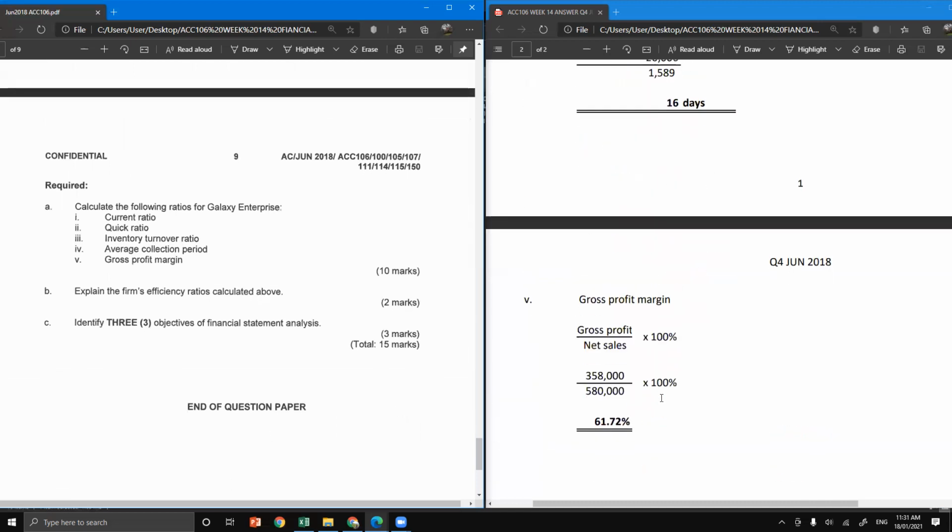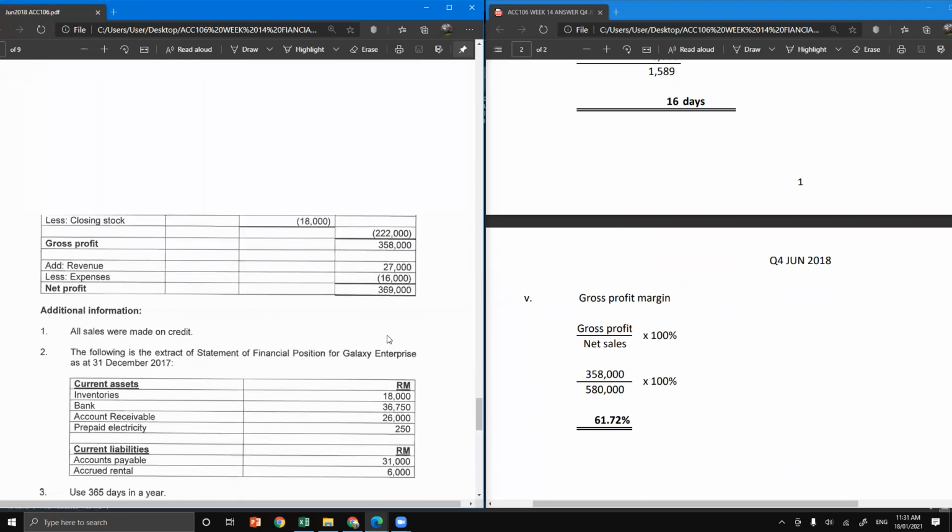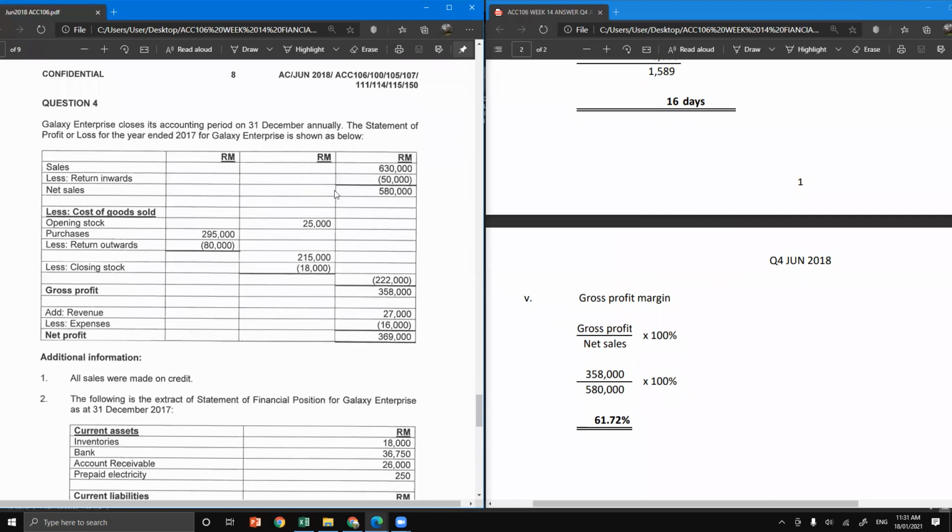And for A5, gross profit margin, the formula is gross profit divided by net sales, times 100. Gross profit can be found in the statement of profit or loss, which is equal to 358,000 ringgit. Divide by the net sales. Net sales is obtained after you deduct the return inwards of 50,000 ringgit from the total sales of 630,000, so net sales is equivalent to 580,000 ringgit.